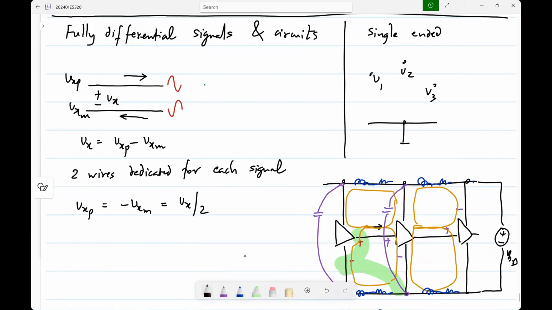That is, if a current is pushed out in one wire, an equal current comes back in the other wire. So that way you are not sharing any common paths. That also is clean. So then you are much less susceptible to these parasitic drops across the power supply and so on. This is the motivation for using fully differential circuitry, and it has other advantages as well.